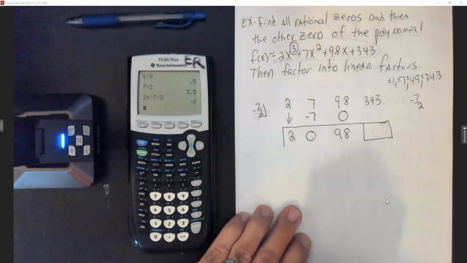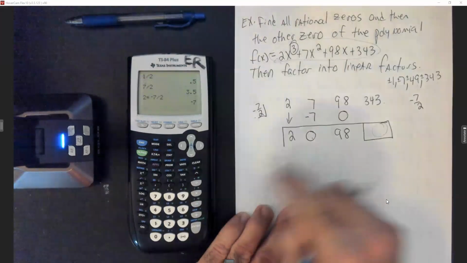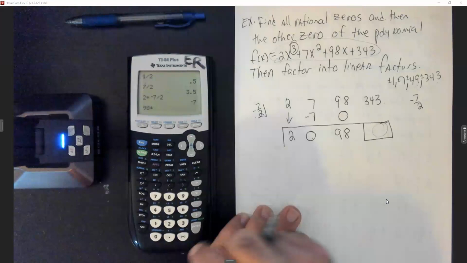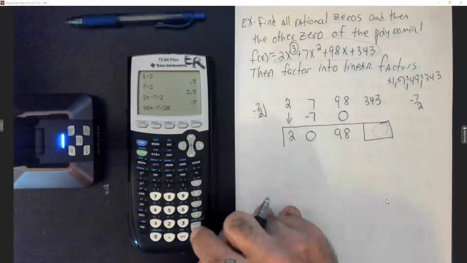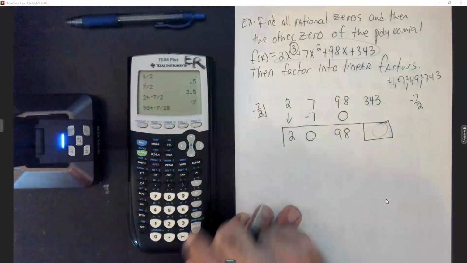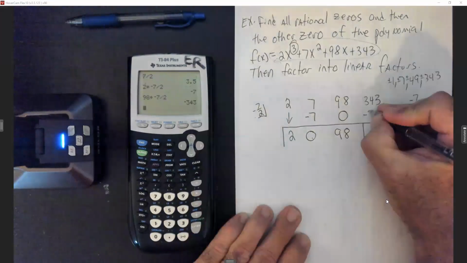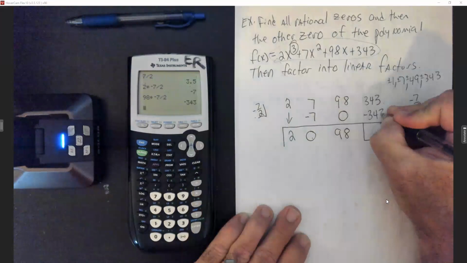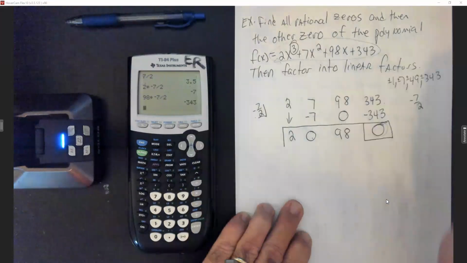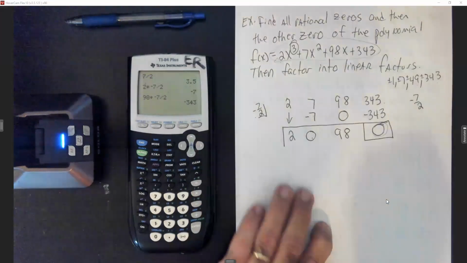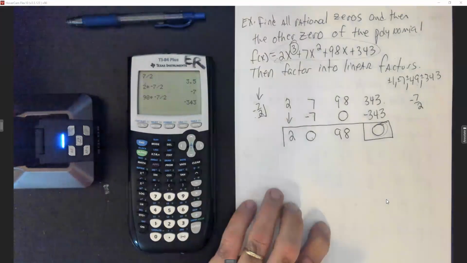And y'all watch this. 98 times negative 7 halves, which is negative 7 divided by 2. It better give me a negative 343 when I add, gives me a 0. So we were right. We got the first 0, which was negative 7 halves.